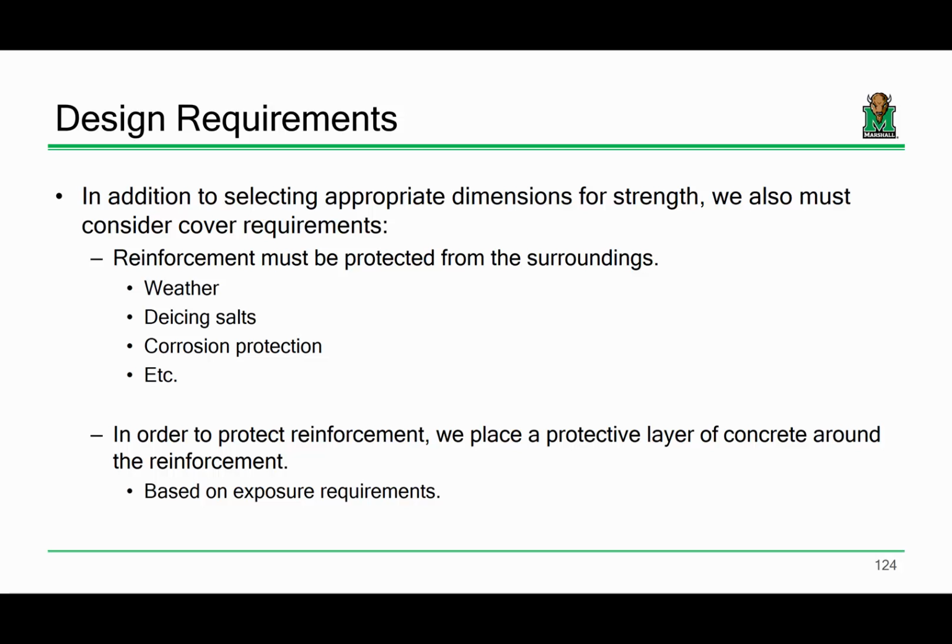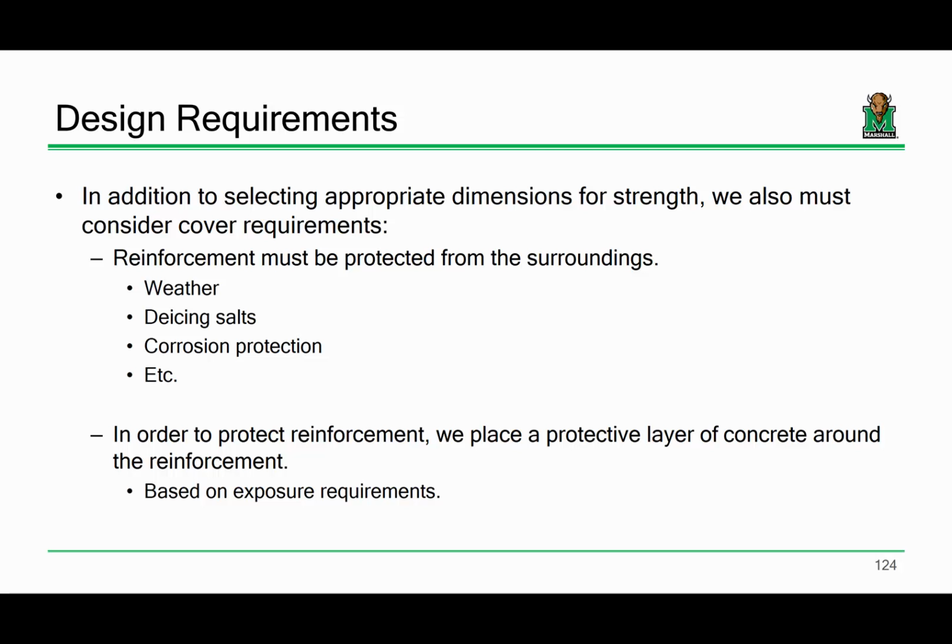For the bottom, we only require 1 inch of cover, whereas from the top, we require 2.5 inches. What do we put on the top of bridge decks in West Virginia where we would need extensive cover requirements? Road salts, right? So we require more cover because of that. Does that make sense? Everybody okay with that?